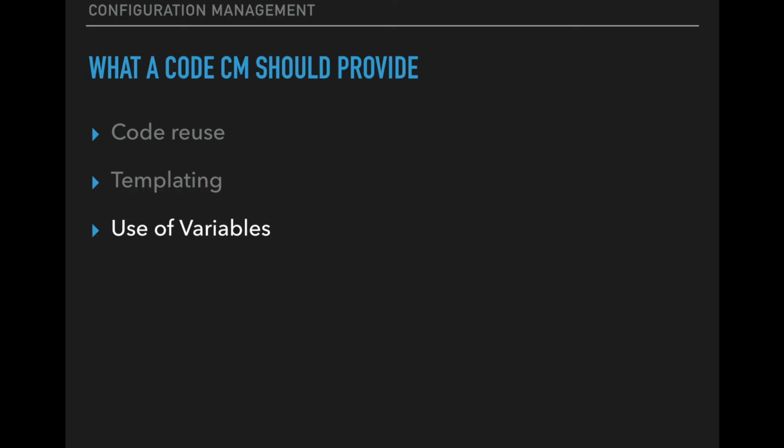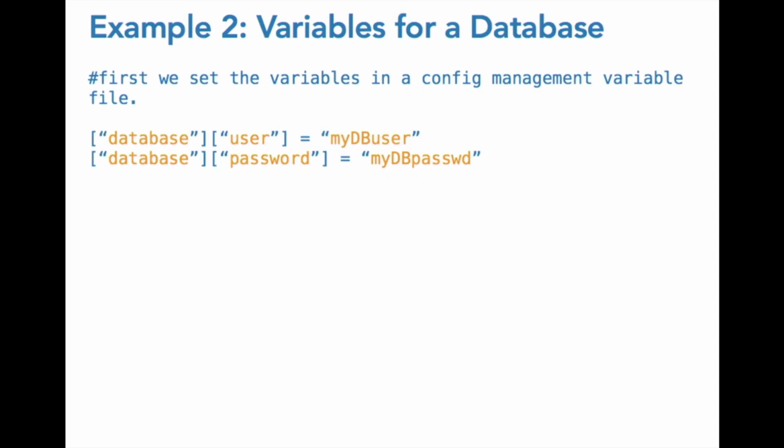So any good CM tool should also provide use of variables. So what I mean by this is, if you're setting up some database, you have to give that database a user ID and password. So I should not be hard coding it into my configuration code, and should be able to get it through the environment or some other way.